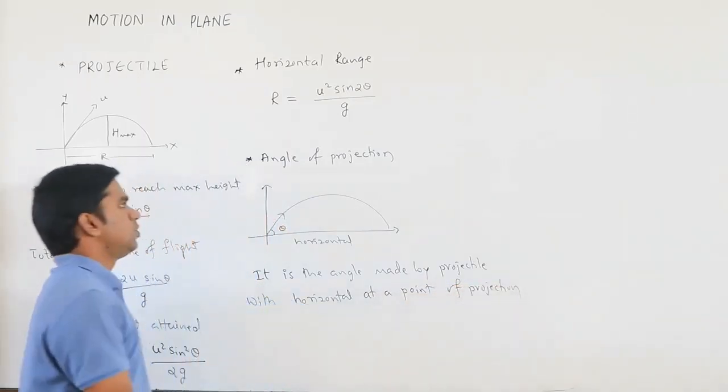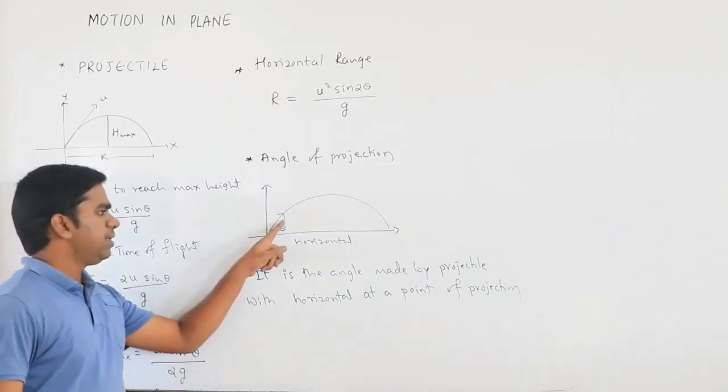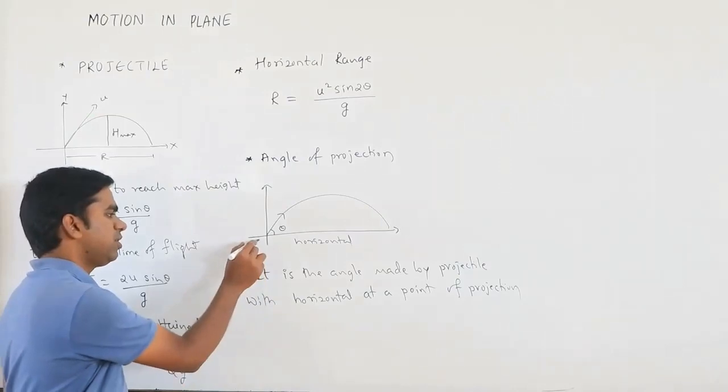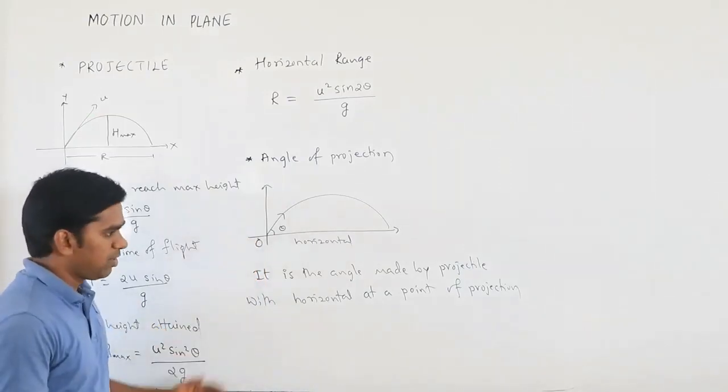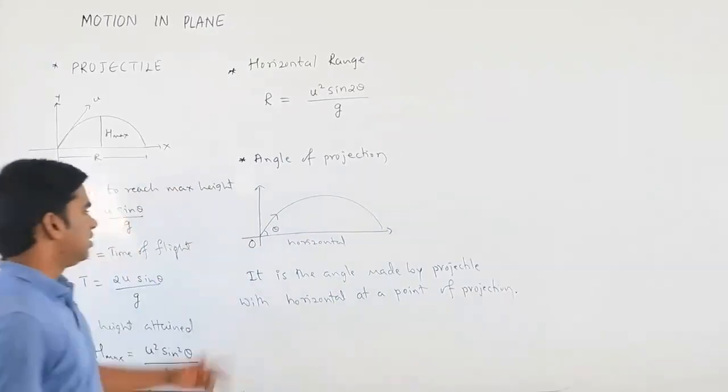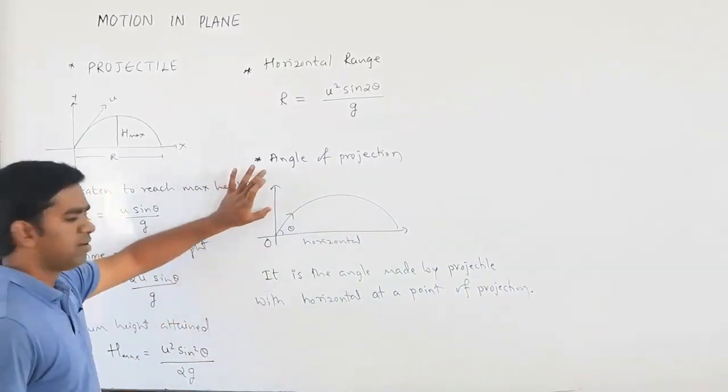So what is the angle of projection? It is the angle made by the projectile with the horizontal, at the point of projection. This is what we call the angle of projection.